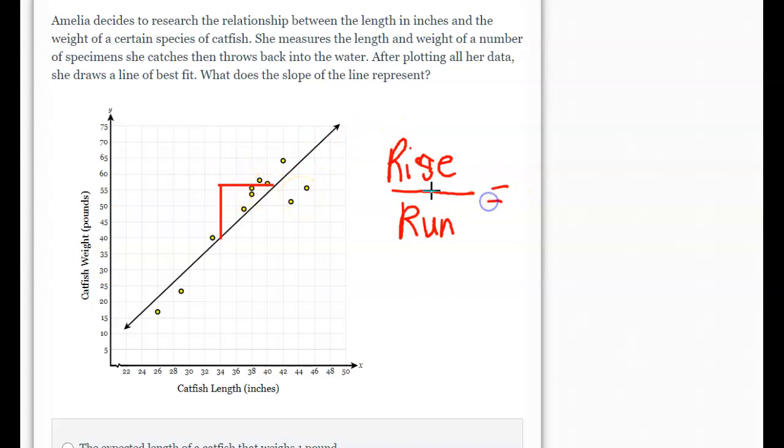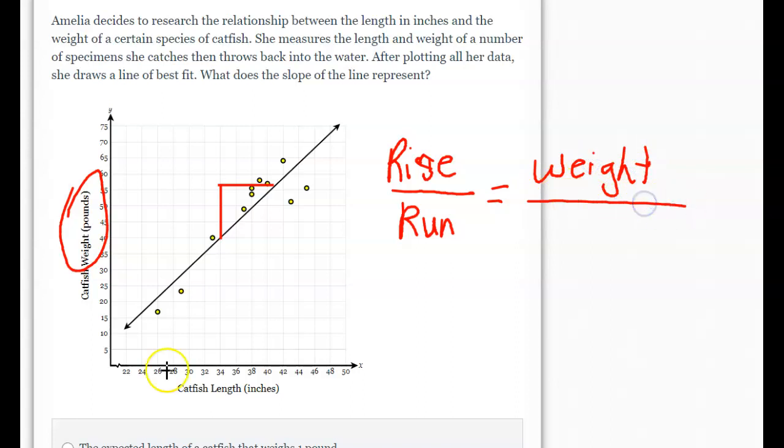So in other words, the change in the rise is the weight over the change in the run, which is the length. So that's the interpretation. You could specifically use 2 different points to calculate that, but we're not actually going to calculate the numbers. We just want to know what the slope means today.